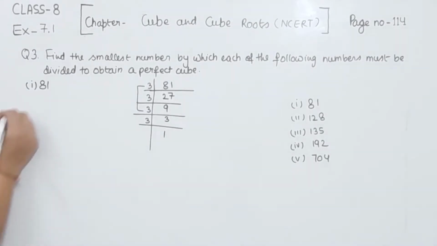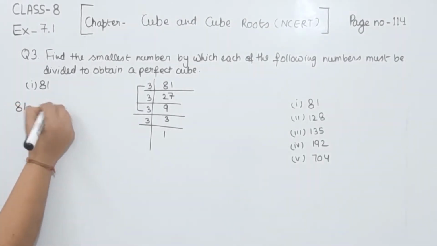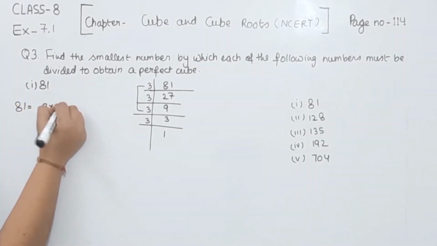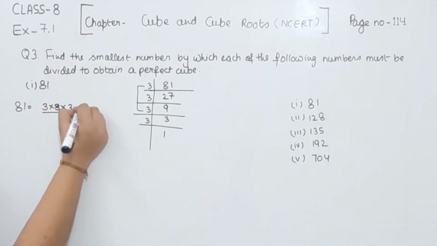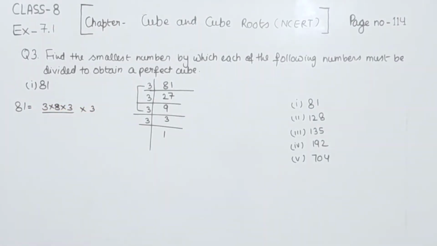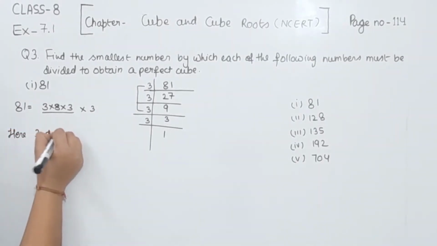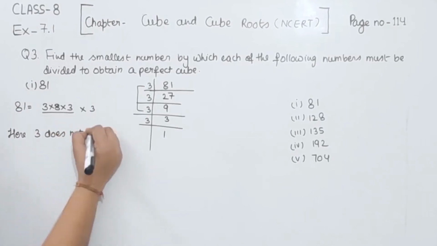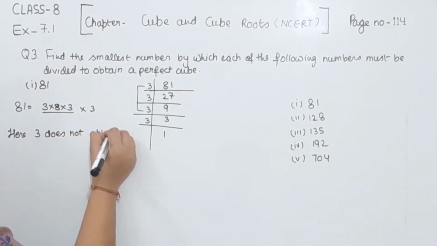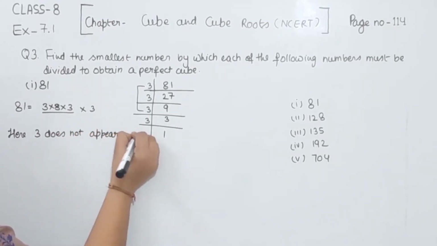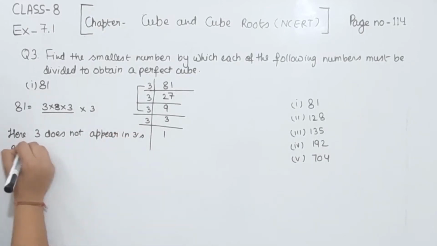So we are going to write here, first of all, 81 is equal to 3 multiplied by 3 multiplied by 3. This is the triplet and this is the alone number we have. So we write here: 3 does not appear in 3's group.